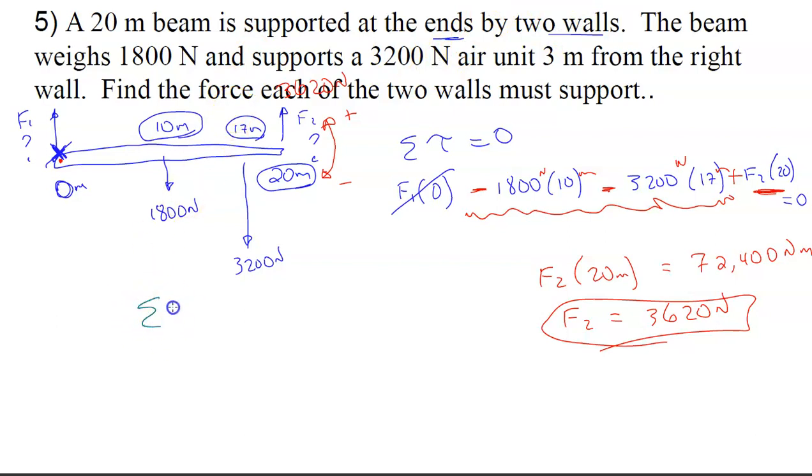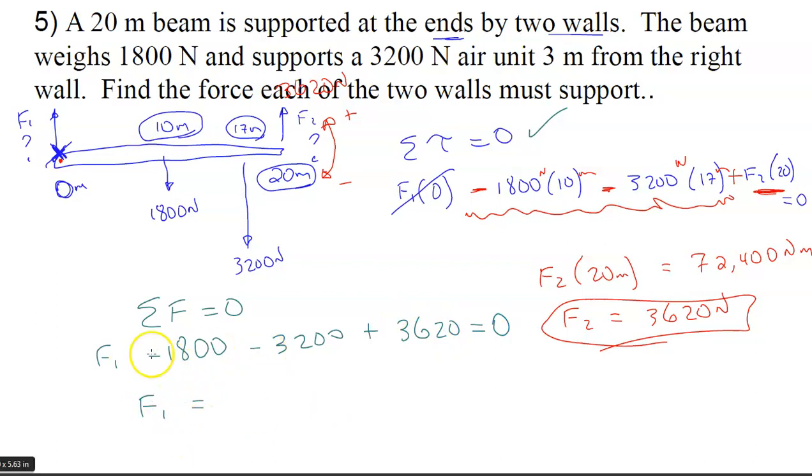But the easy way to get the other one is to say, well, I know the sum of the torques equals 0, and I've already successfully done that. The other rule is the sum of the forces better be equal to 0. So if I just come through and get just the forces here, I don't care about the distances. I don't need a pivot point. I don't have to do anything except put in the other forces and make sure that they add to 0. So that's not too hard.